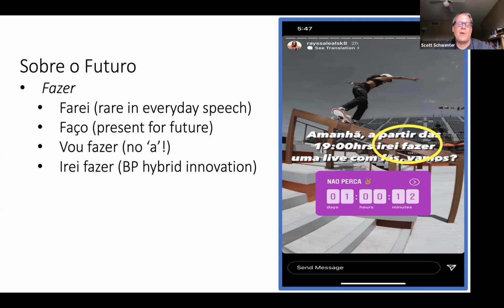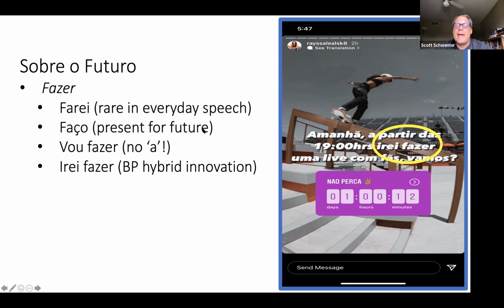It still sticks around for things like, you know, será idiota or something like that, which you also have in Portuguese. So they have fare, this is just for the verb fazer, right? They have faço, so they have the present used for future very frequently.